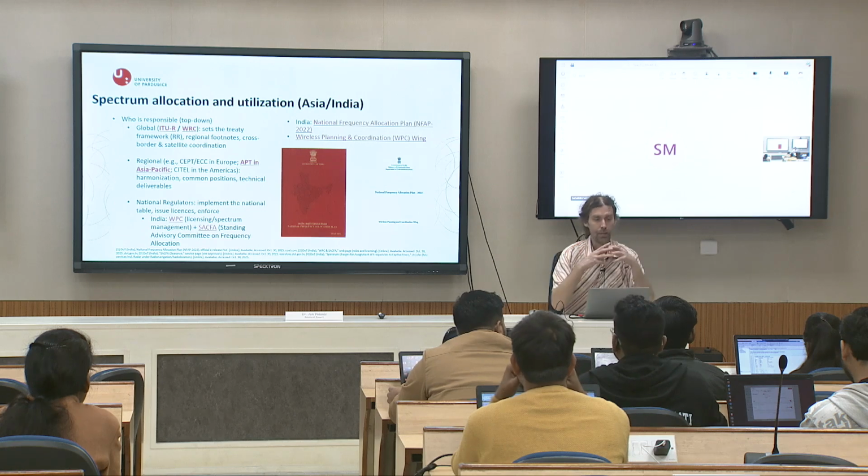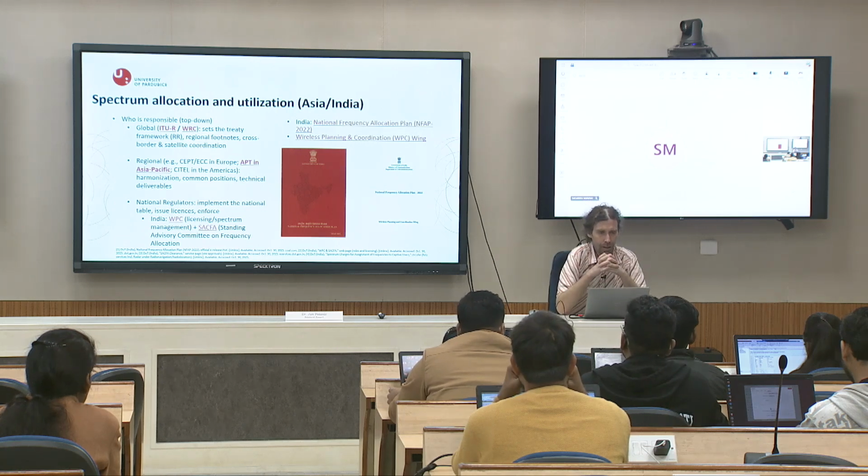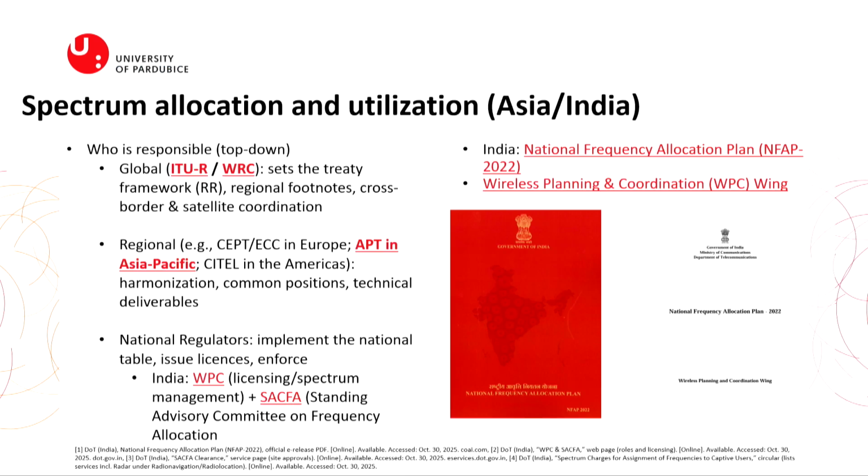Okay, who is responsible for spectrum allocation? Again, globally ITU-R or WRC, this conference. Then regionally, it is divided: in Europe it is CEPT or ECC, in Asia Pacific it is APT.